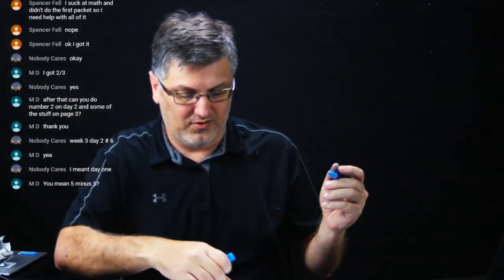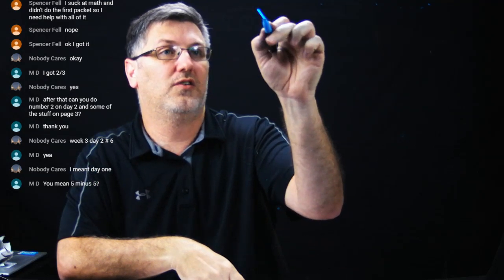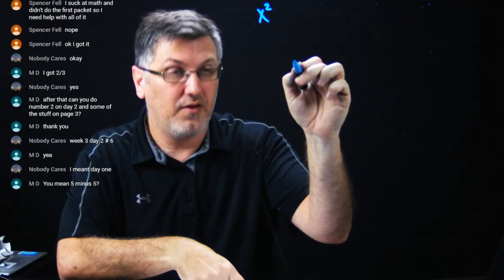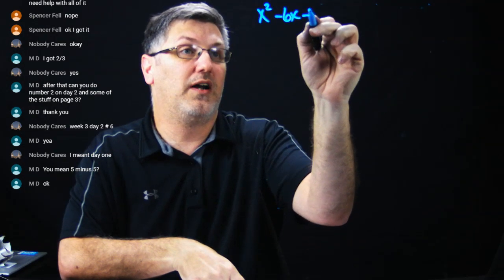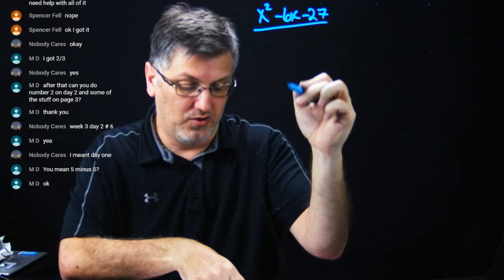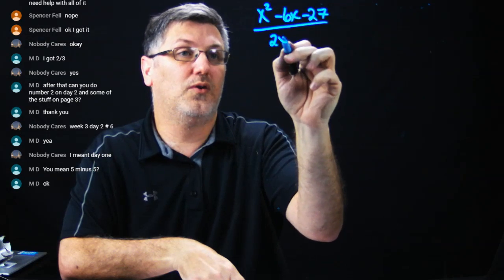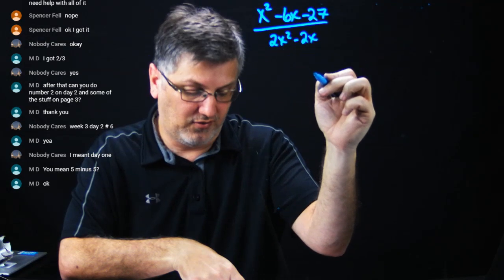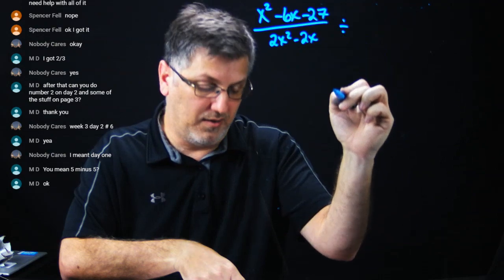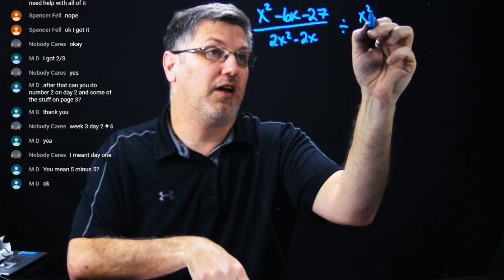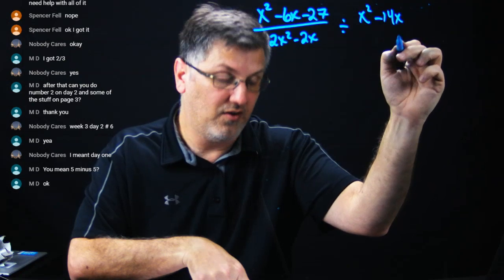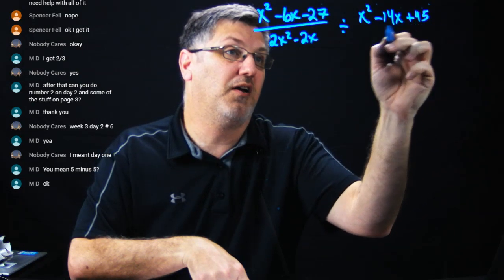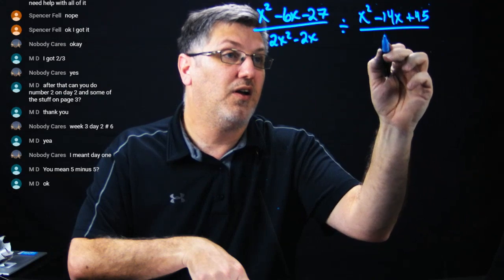Number 6. Good. x squared minus 6x minus 27 over 2x squared minus 2x, divided by x squared minus 14x plus 45 all over x squared.